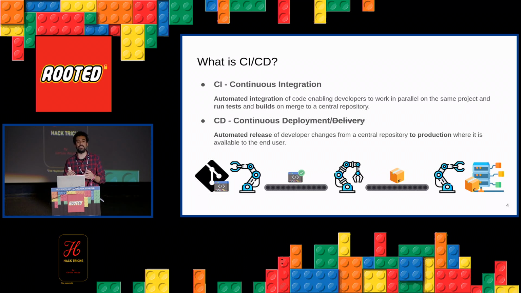Then you have to deliver that to some kind of artifact repository where other clients can go back and pull it. On the other hand, CD can also mean continuous deployment, and this is all about deploying changes directly into production from wherever the changes have been made in the repo.